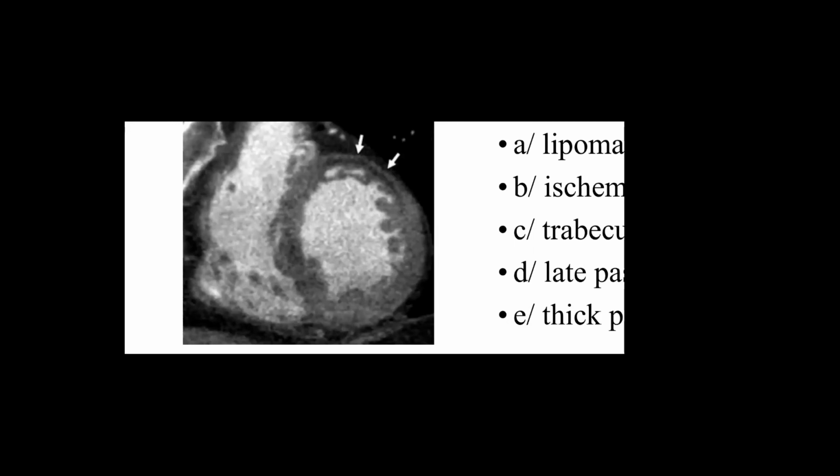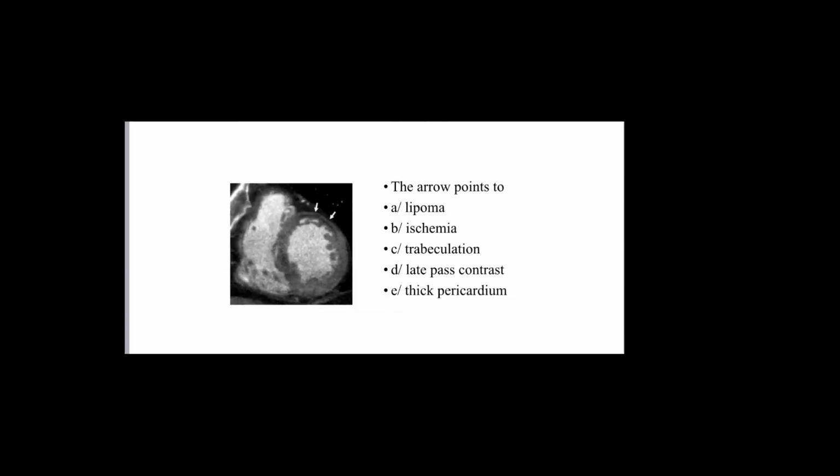This is ischemia, because it is subendocardial hypoattenuation. That part is not taking the contrast because there is no perfusion. That's why it appears hypoattenuated compared to the nearby myocardium. If you apply late imaging, you might see that it will fill with contrast, and that will be infarction. We are not going to go into the details, but this is how ischemia could appear in cardiac CT.